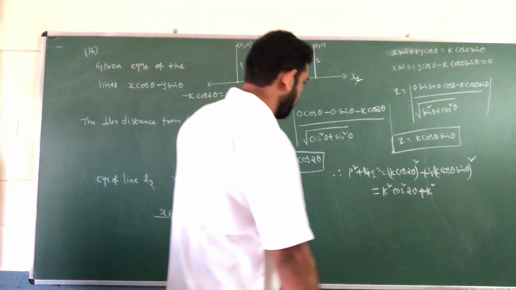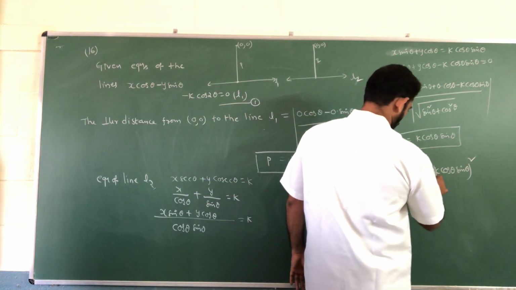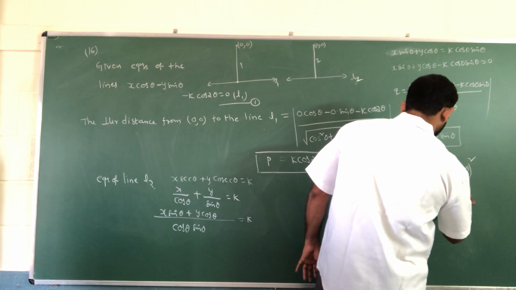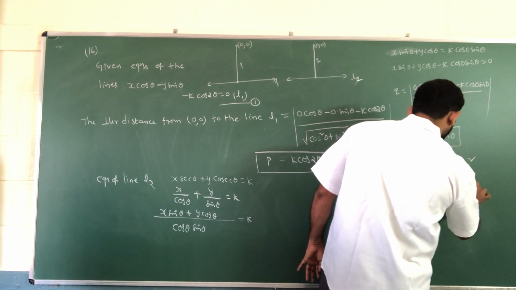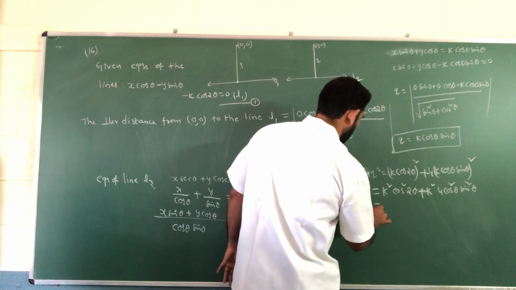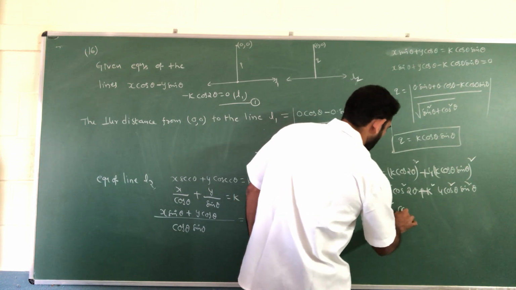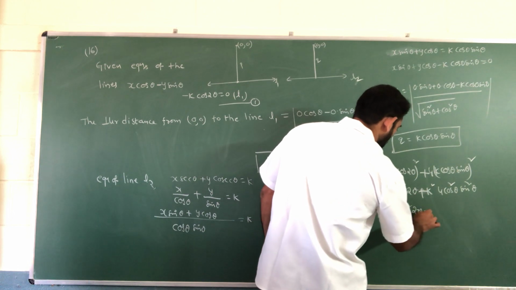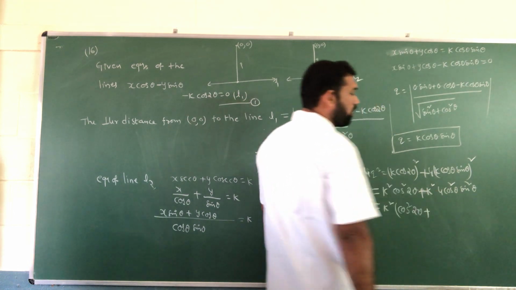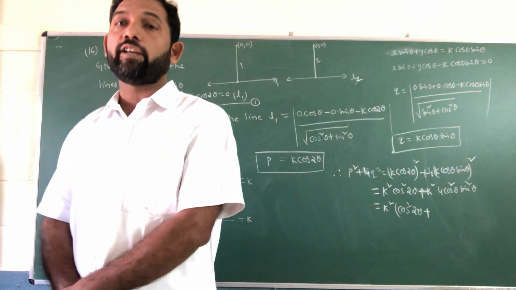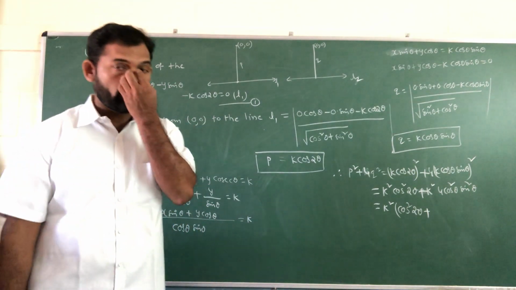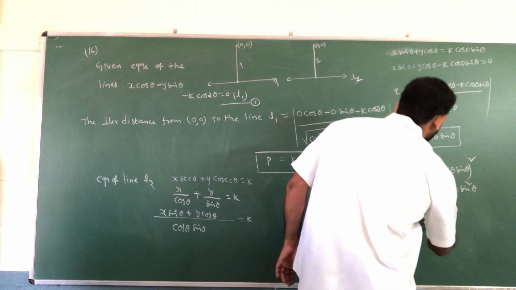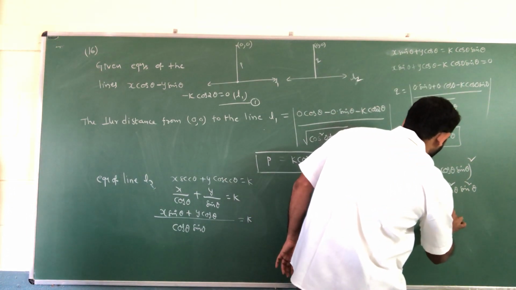So again k square into 4 cos square theta sin square theta. So k square cos square 2 theta, k square is common, and 4 cos square theta sin square theta is nothing but sin 2 theta whole square, sin square 2 theta.